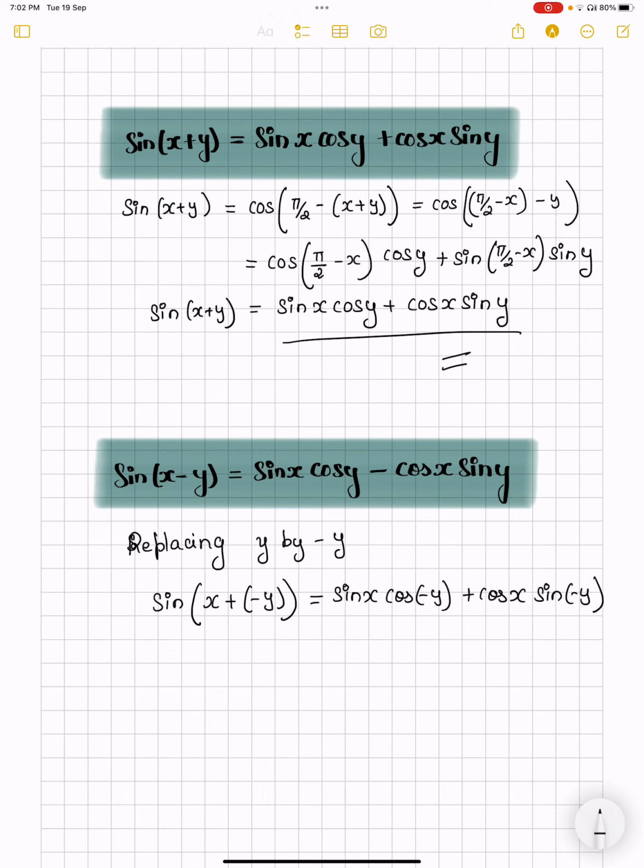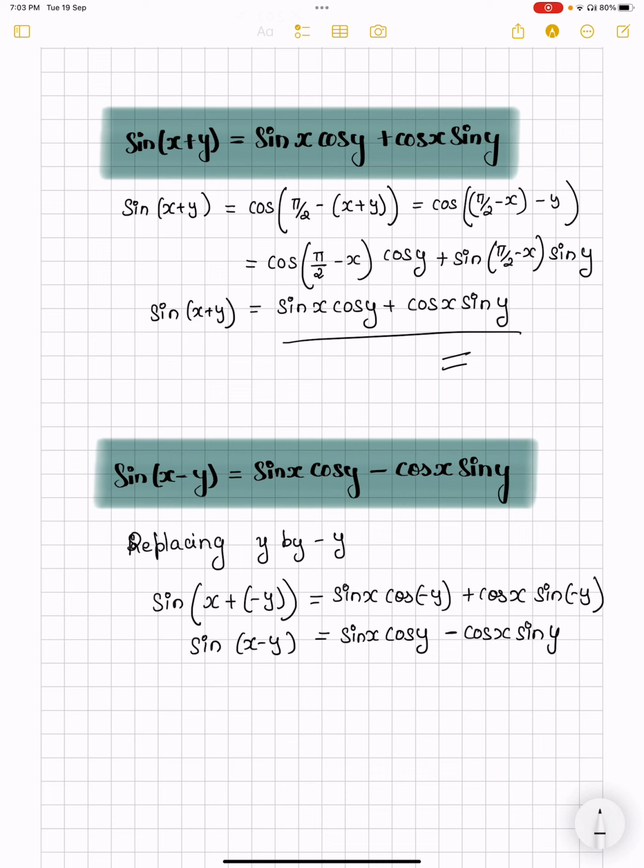Done? Now we know cos is an even function, so the result would be positive, sine x cos y. And here we have sine of minus y, which is an odd function, so I would have minus cos x sine y, equal to sine of x minus y.